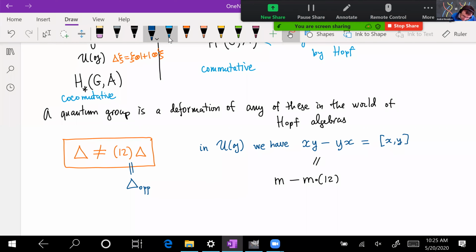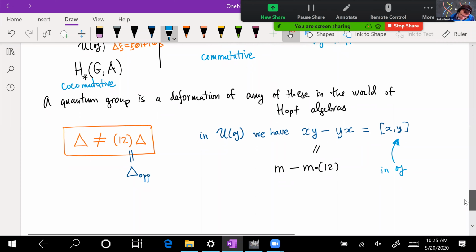So this is in my Lie algebra G. This is some object that is already given to me. It's not that I go crazy and make these two things absolutely unrelated.